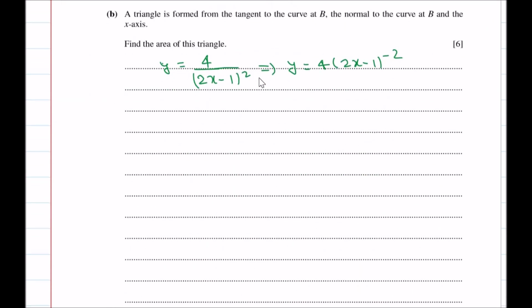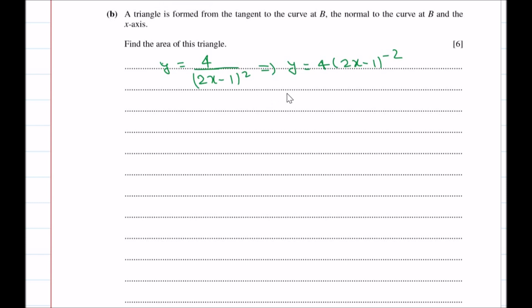To find the equation of tangent, we need to differentiate this because we need dy by dx, and we know that dy by dx gives us the gradient of the tangent at that particular point.